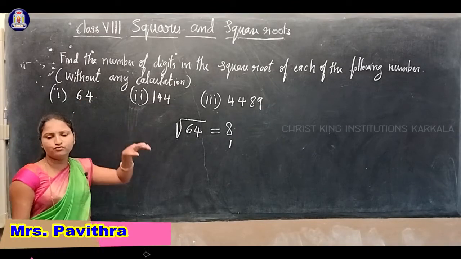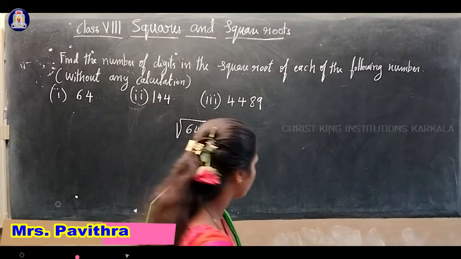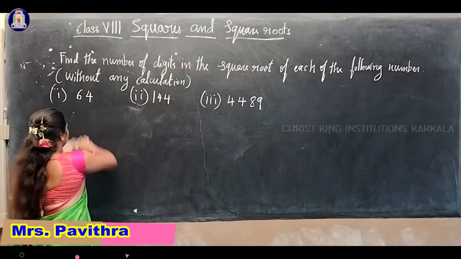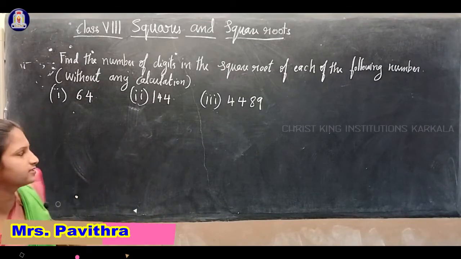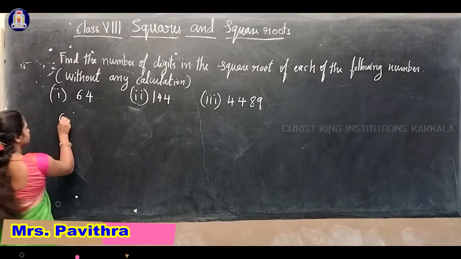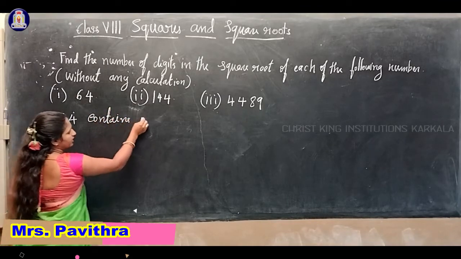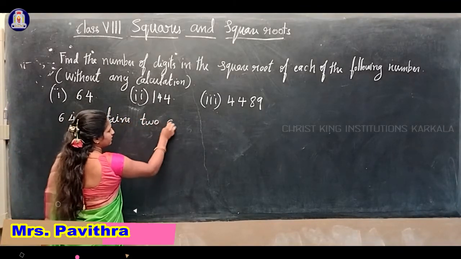So now how to check this? First you have to write that 64 contains 2 digits, right?